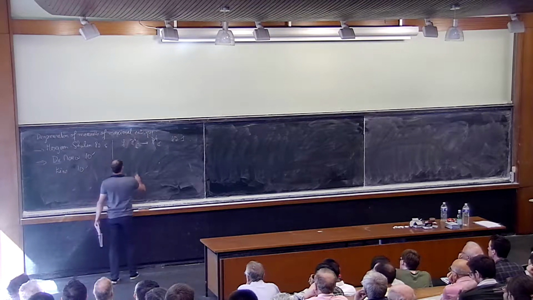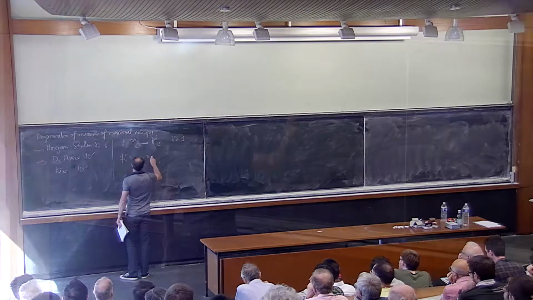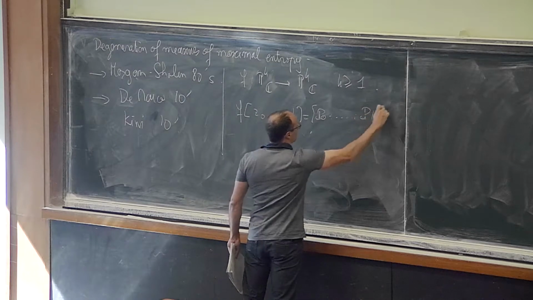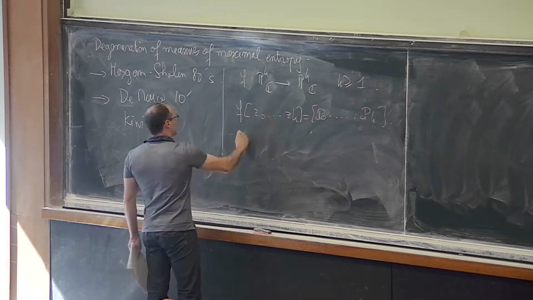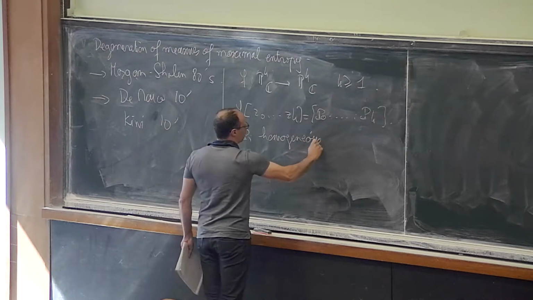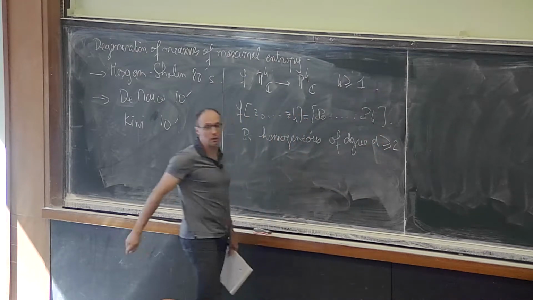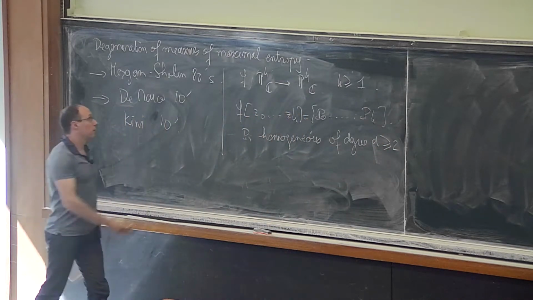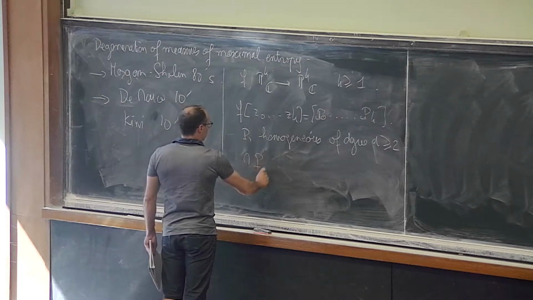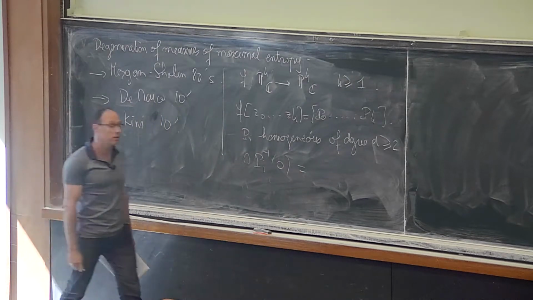Such a map is given in homogeneous coordinates by k plus 1 polynomials P_i, where the P_i's are homogeneous of some degree, let's say d, which I will always assume to be greater or equal to 2. And the fact that f is a holomorphic map can be translated into the condition that the common zeros of all these polynomials in C^(k+1) are reduced to the origin.